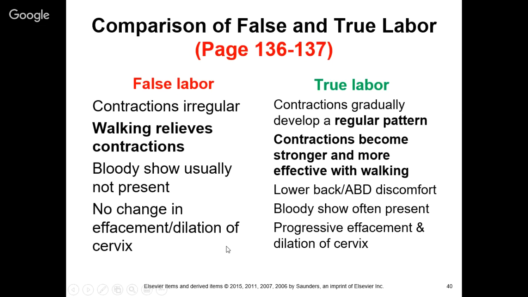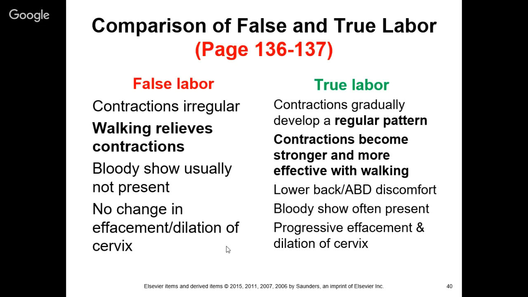Comparison of false labor and true labor. The big thing is the walking. If somebody is in false labor and they get up and walk around and the contractions go away, that's probably not true labor. The contractions are not regular at all. They're here and there. They get up and walk and they go away.